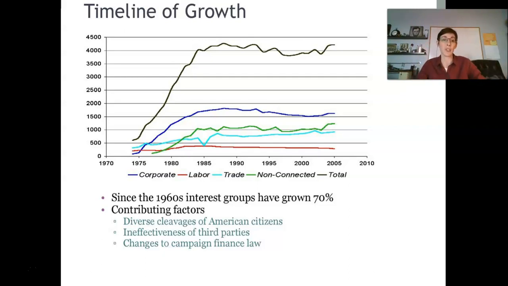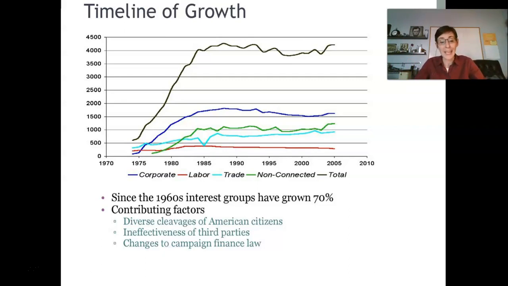We also have massive changes to campaign finance laws. Most notably, the Citizens United decision in 2010 that basically allowed the existence of super PACs. And we will talk about this idea of political action committees, this super PAC idea, more when we get to elections. But basically, it allows very rich folks with lots of money and lots of connections to funnel that money into an organization that doesn't have to reveal their donors.